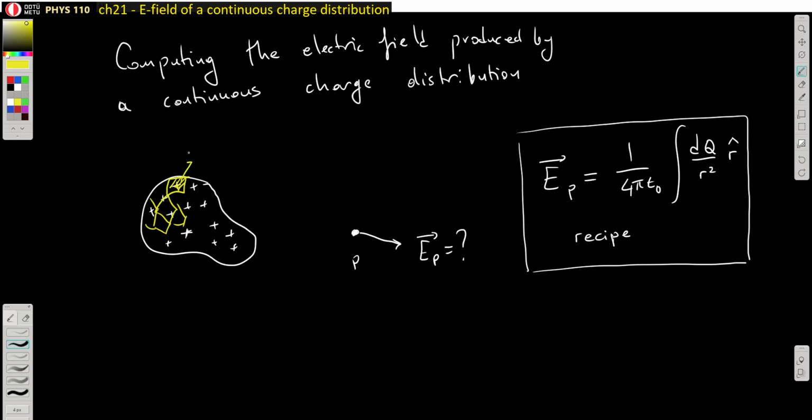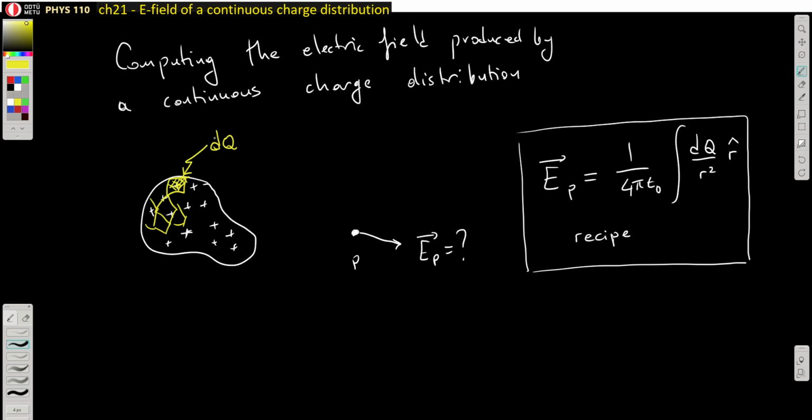And then you are going to compute the amount of the charge on each piece, and dq somehow represents that charge in here. Basically we need to do an integration at the end. So as a result, this dq should indeed be very small.